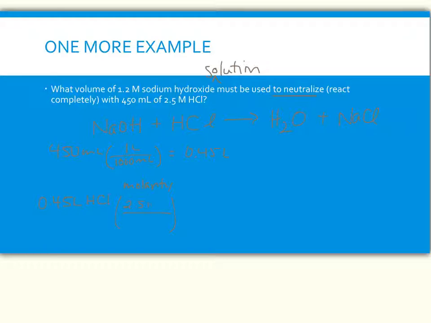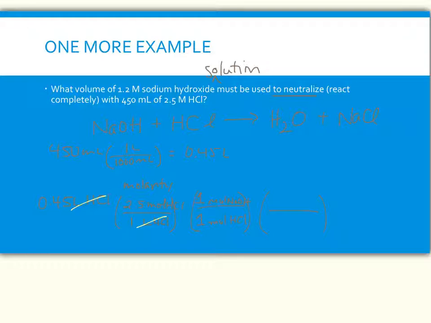So it's 2.5 moles per 1 liter. Alright, liter goes on the bottom because that's going to cancel out the liters that we started with. So liters are gone. Then molar ratio. Got my moles of hydrochloric acid, and where the question is about what volume of sodium hydroxide, so we're going to go to sodium hydroxide. Alright, and since this started out balanced, all of the coefficients are 1.